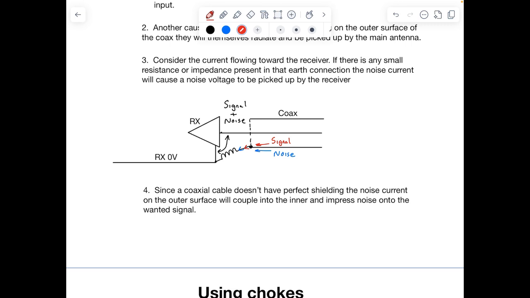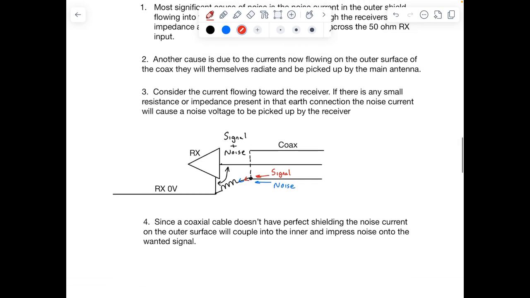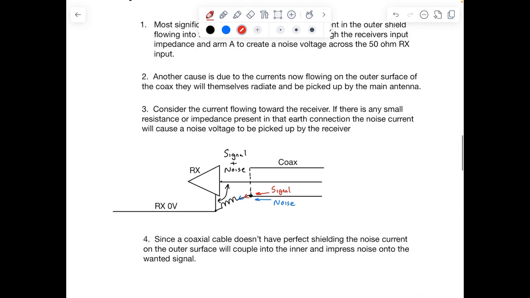It does leak out by the imperfections of the shield. And this works in the opposite mechanism when you receive. Some of the currents on the outside of the coax will be coupled to the inner of the coax, which of course is the real wanted differential signal, and that will get picked up by the receiver and amplified accordingly. So these are the four main mechanisms of why and how noise is coupled into your receiver.